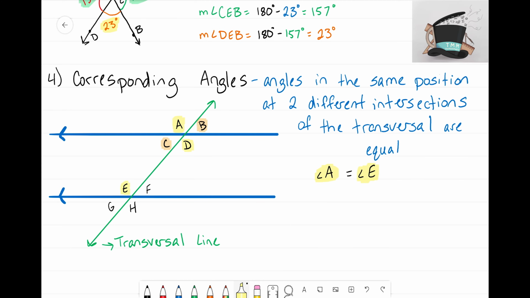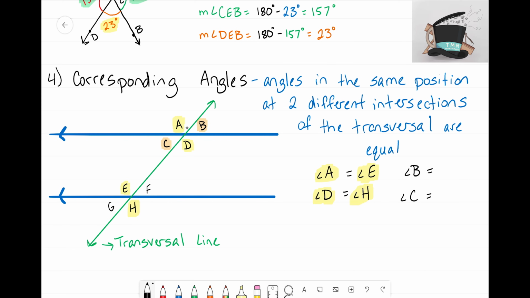Let's go ahead and do the other ones. We see that angle D down here is in the bottom right position, so that angle is going to correspond with the angle in the bottom right position. So we would say that D and H are corresponding and they are equal. All four of these angles have the same value. Now let's do our last set. We're going to have angle B at the top and angle C at the top.